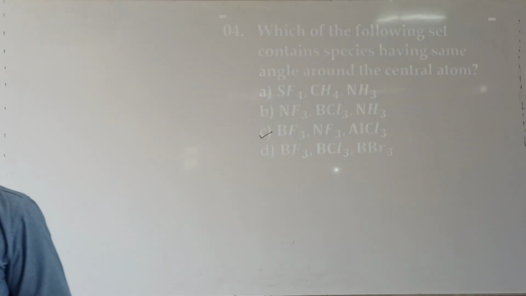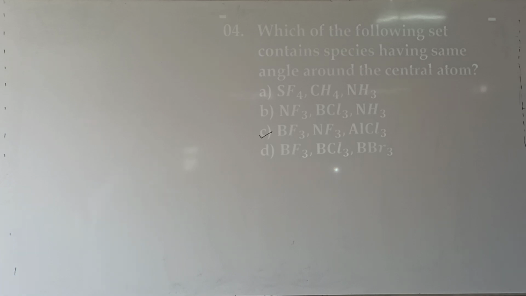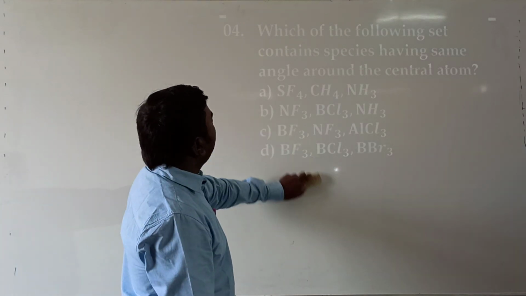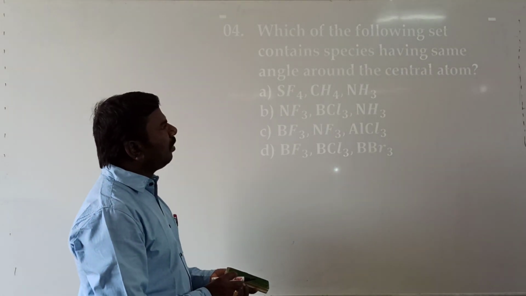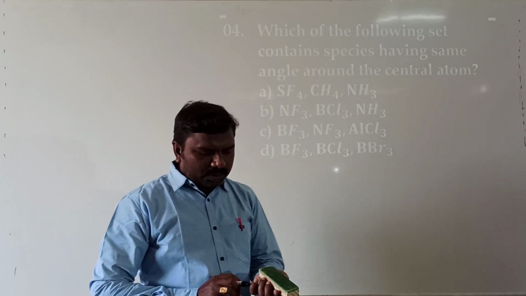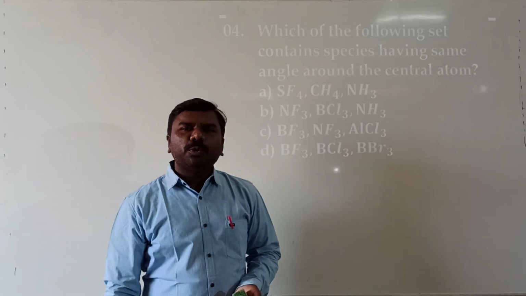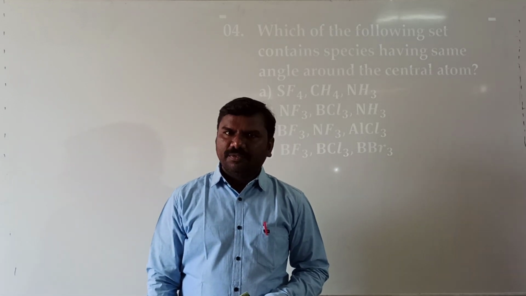Next one. Which of the following sets contains species having the same angle around the central atom? To know the angle between the two bonds, you should know the hybridization first of all.